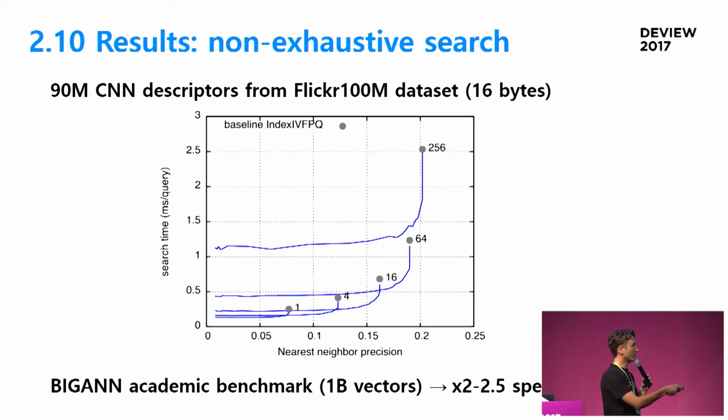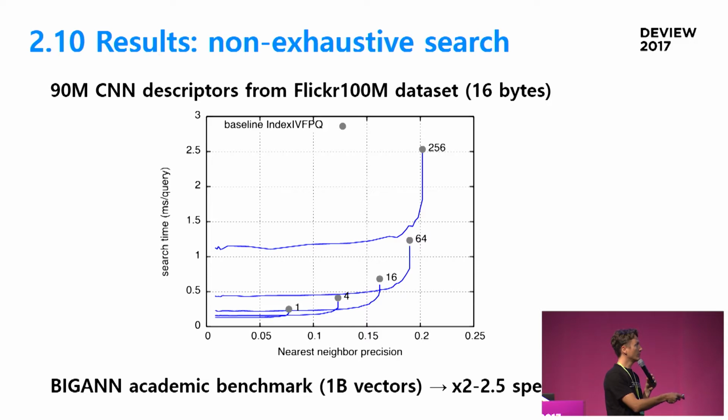So all the gray points are different PQ results with a different number of buckets: 256, 64, 16, etc. So there are different compromises.